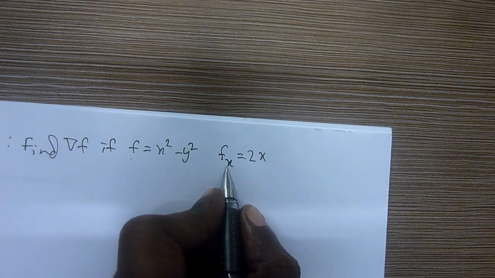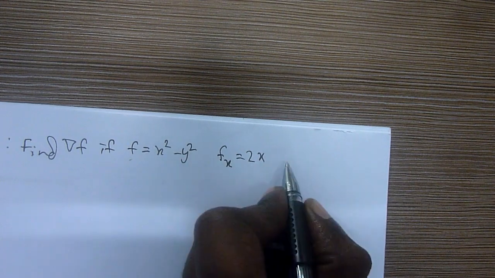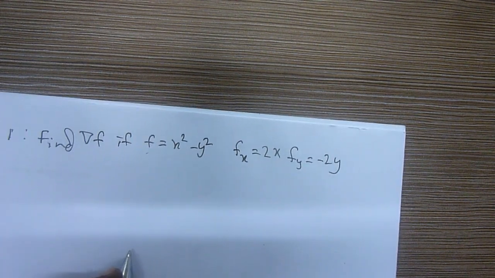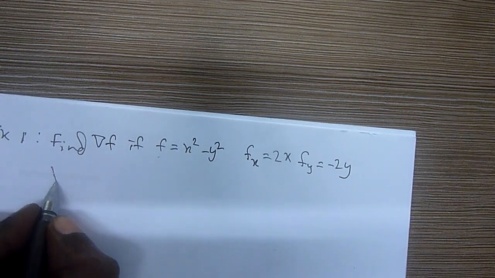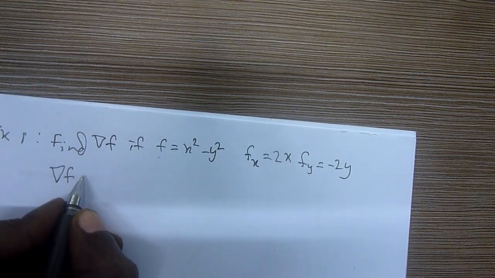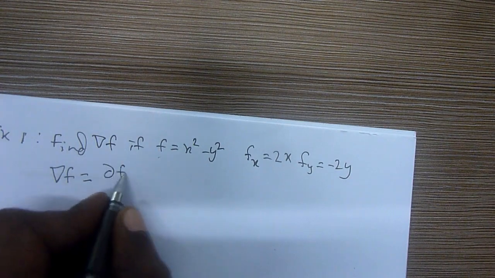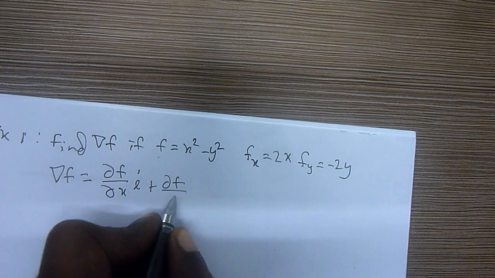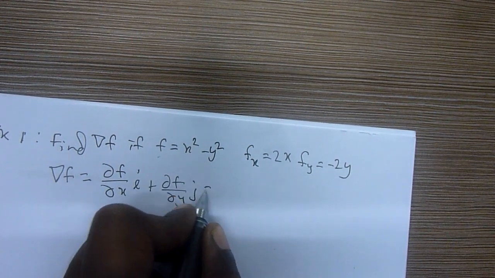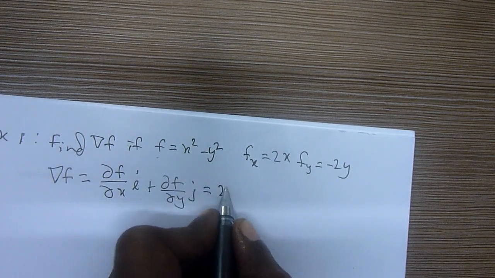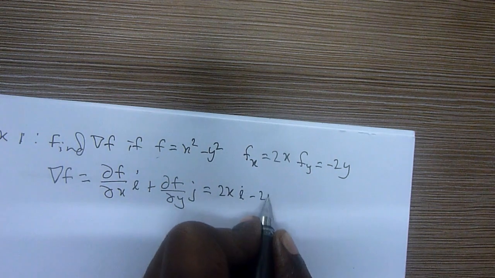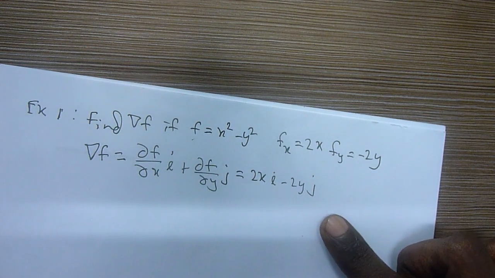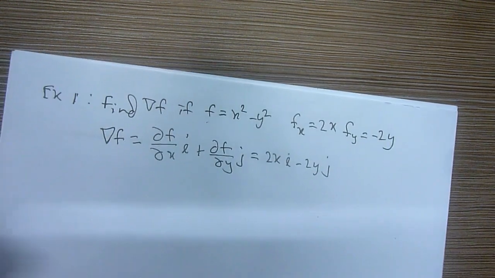This is a partial differentiation, remember, and fy is negative 2y. Therefore, the combination of del f, nabla, can be explained as 2x i plus negative 2y j. You just place it back. This is actually the gradient, basically a field effect of a vector.